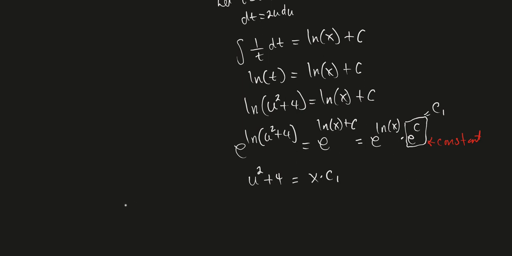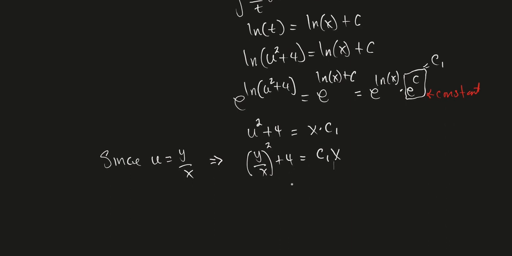We let u equals y over x. So since u equals y over x, just put a y over x there, and then we can essentially reverse the substitution. So go back to y now, but again, it has to be that ratio. So y over x squared plus 4 is equal to, and I'll write this as c1x.